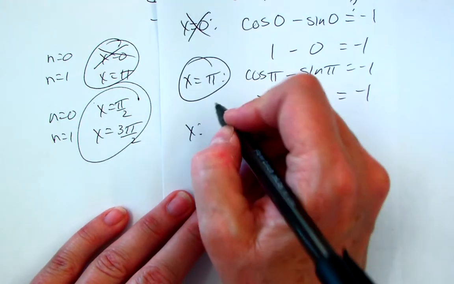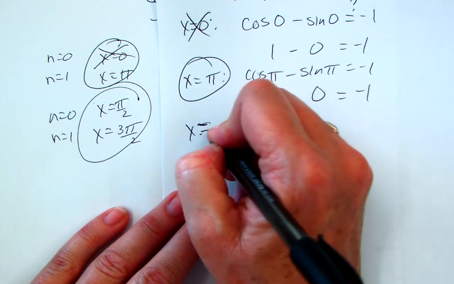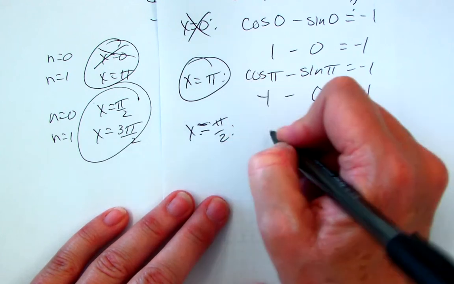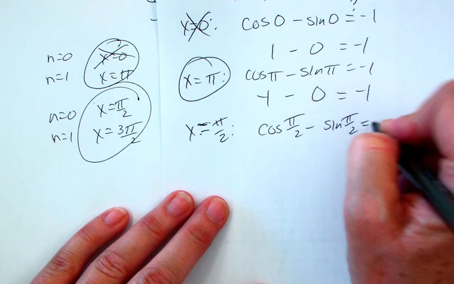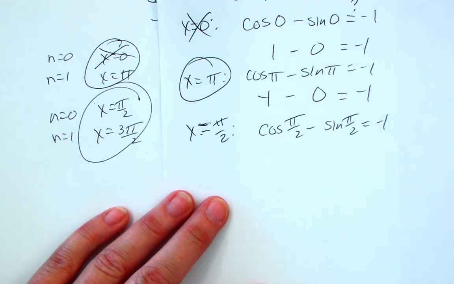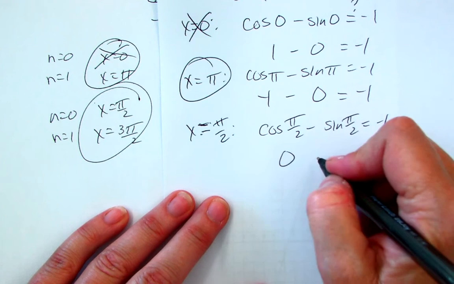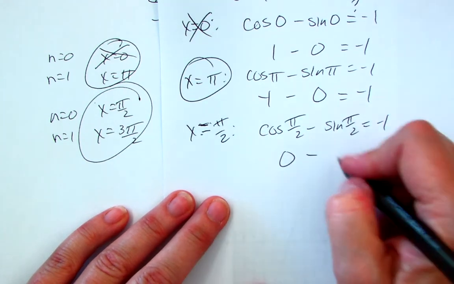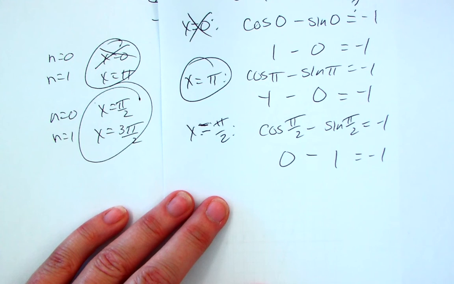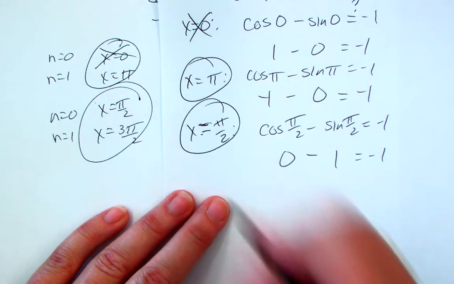I'm going to now try x equals pi over 2. Cosine of pi over 2 minus sine of pi over 2 equals -1. So cosine of pi over 2 is 0, and sine of pi over 2 is 1. Is that a true statement? So that is a solution.